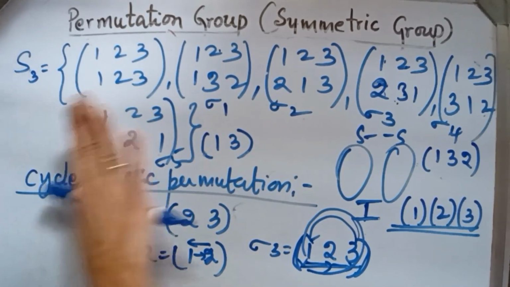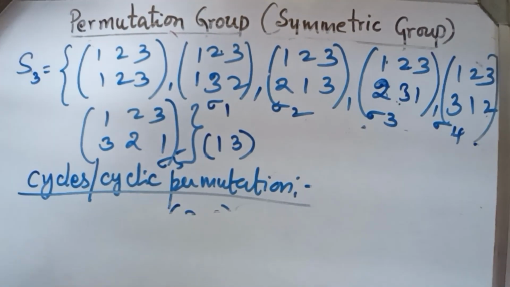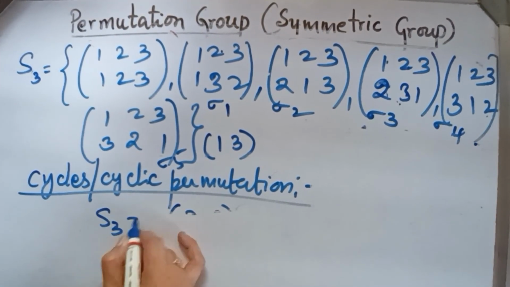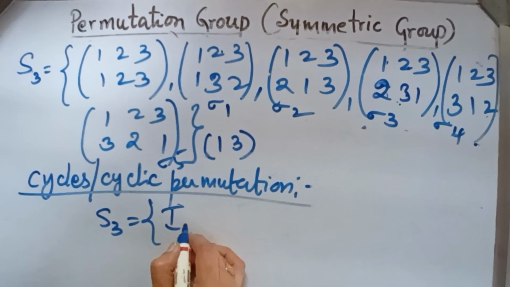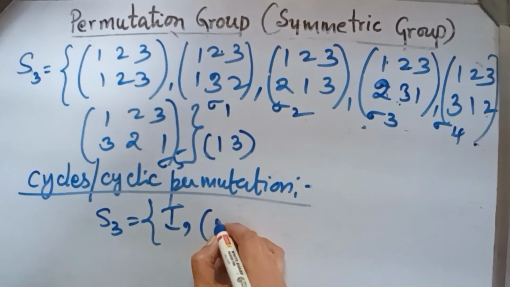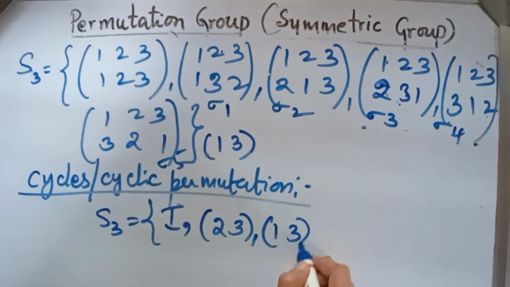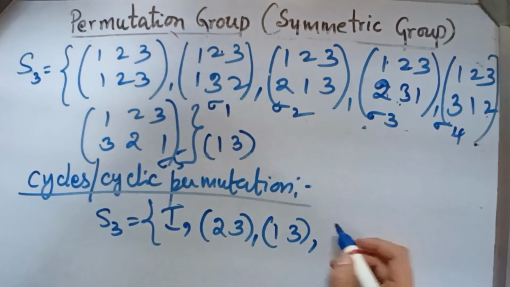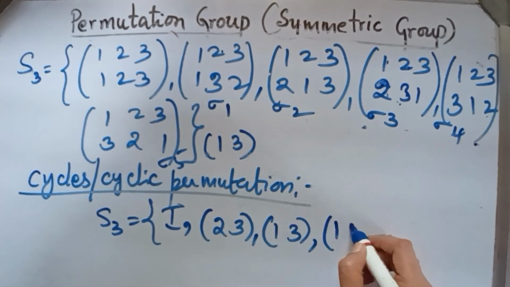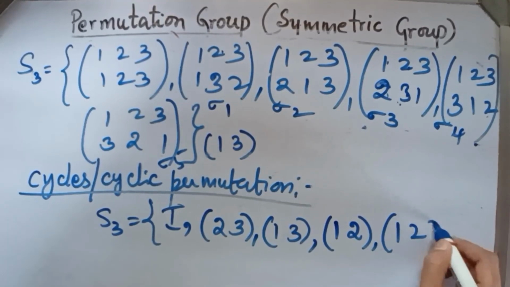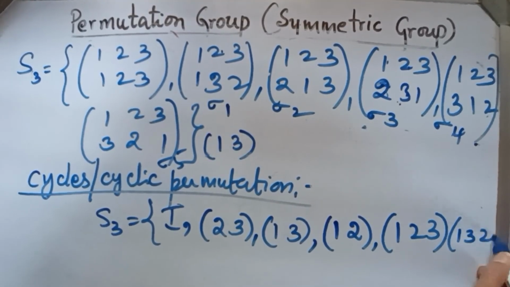So the whole representation changes now. You can write S3 as identity permutation I, then this is (2, 3), and you have (1, 3), then you have one more 2-cycle, (1, 2), then you have (1, 2, 3), then (1, 3, 2).